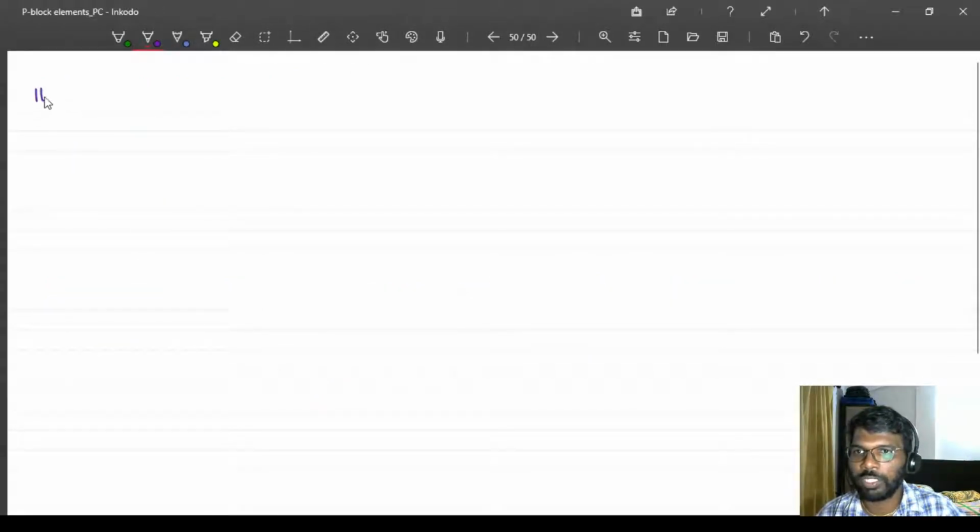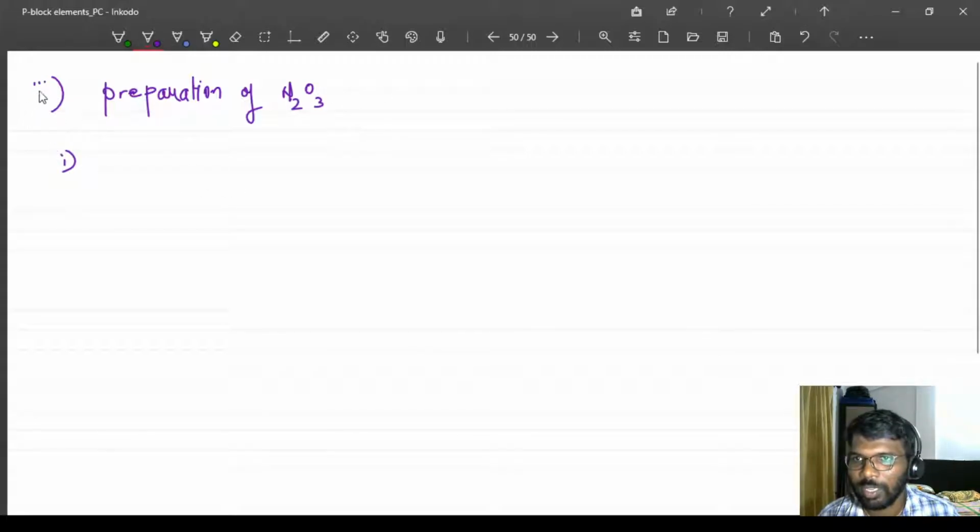The next oxide of nitrogen is N2O3, where the oxidation state is +3. So next is the preparation of N2O3. Just a reaction: NO and NO2.